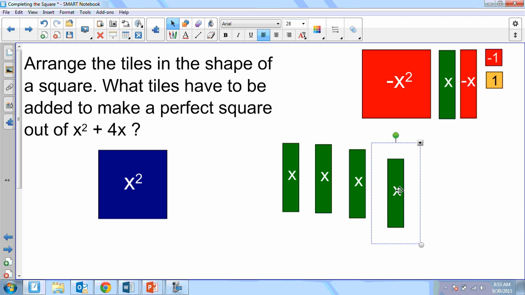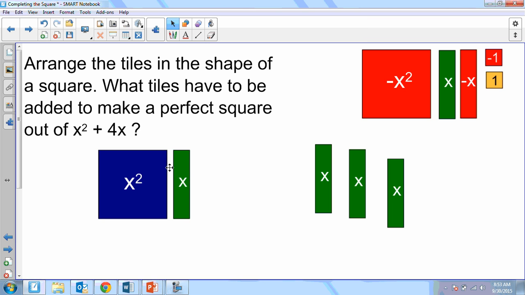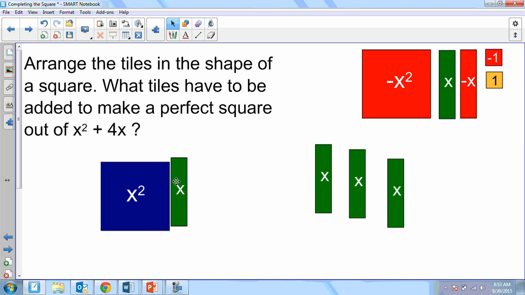This is what I'm seeing Brenna and Laurel doing, and I love what they're doing with this.